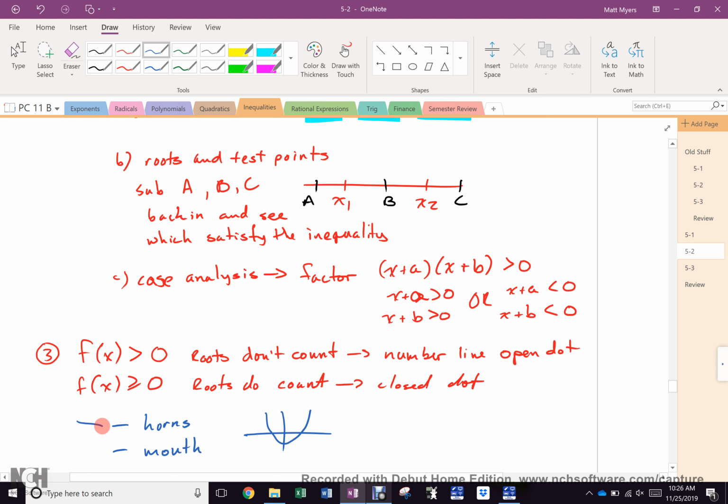It's going to be that and that. If it's a greater than, these are circles. There's two of them. If it's a less than, then it's in the blue. And if it's a sad parabola, of course, that's reversed.